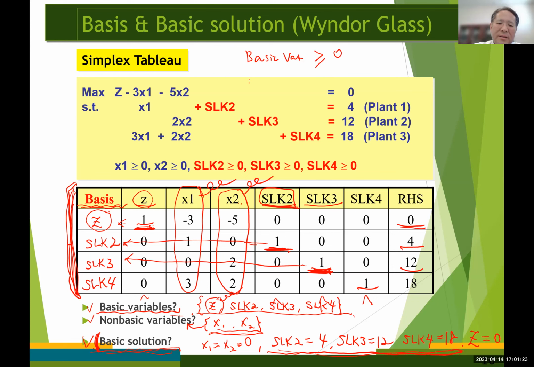On the other hand, the non-basic variable always takes the 0 value in linear programming. That's because when you obtain the basic solution, we always set the non-basic variables equal to 0 and solve for the basic variables. That's why non-basic variables always take 0 value.